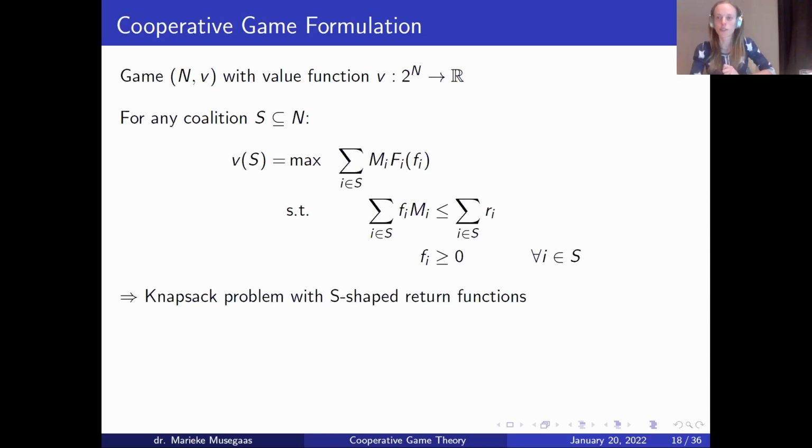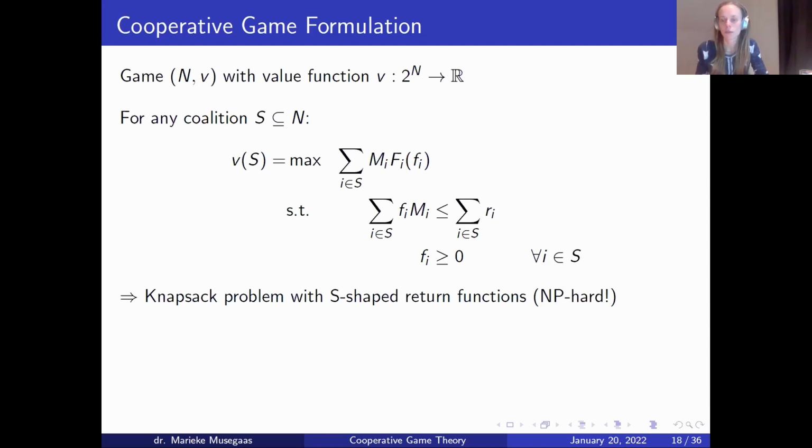For the DKE students among us, it is basically a knapsack problem with an S-shaped return function. Doesn't matter, but it's NP hard. What is NP hard? That also doesn't matter, but it's very difficult. Let's say it is very difficult to find an optimal solution of this problem in a reasonable amount of time.